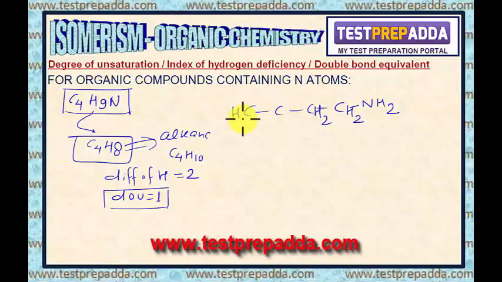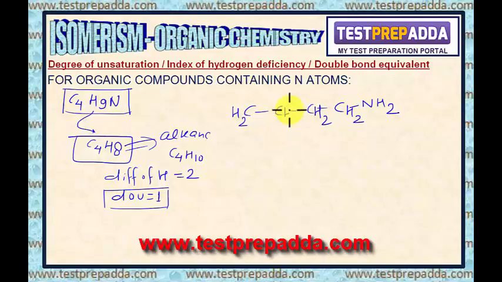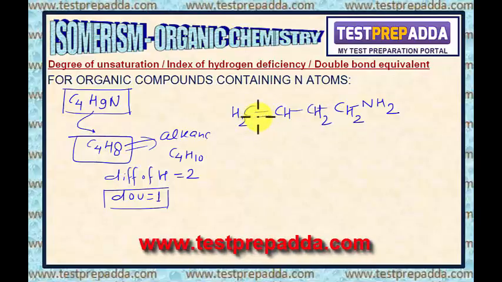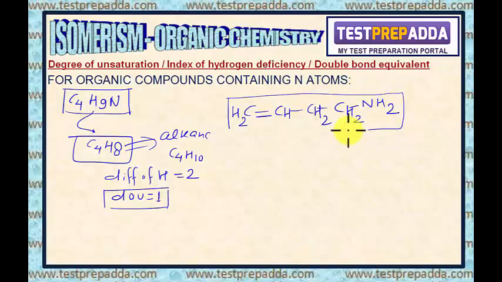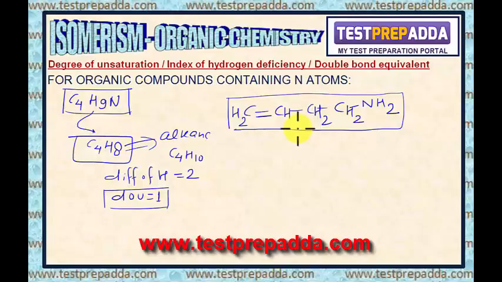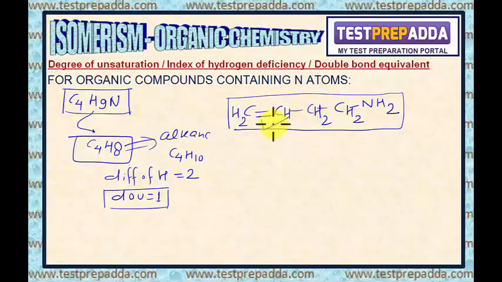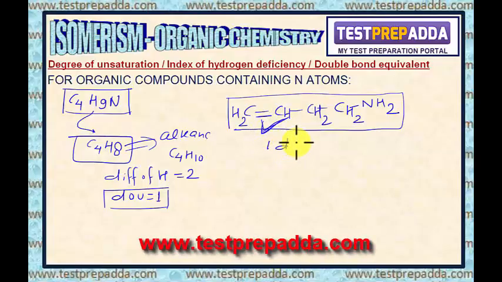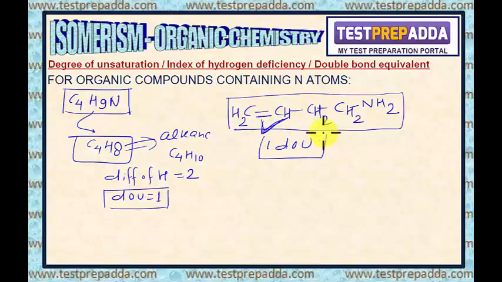So if I give 2 to one and 1 to this, then to satisfy all valencies you have to write one double bond here. You can clearly see this compound has 4 carbon, 9 hydrogen and 1 nitrogen, and one double bond is there. This indicates how many degrees of unsaturation? 1.